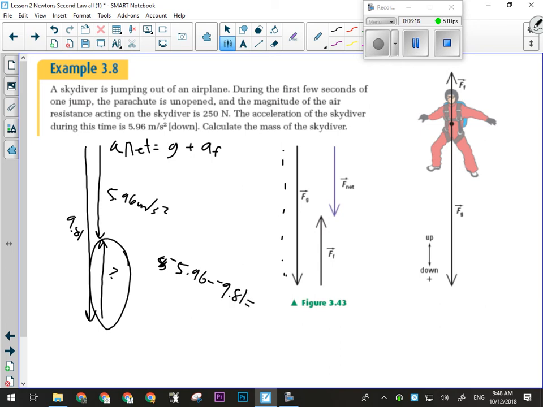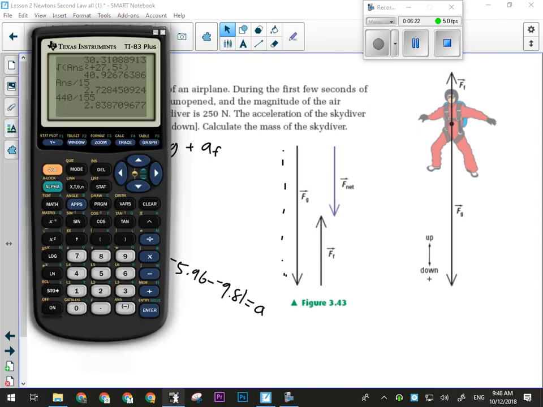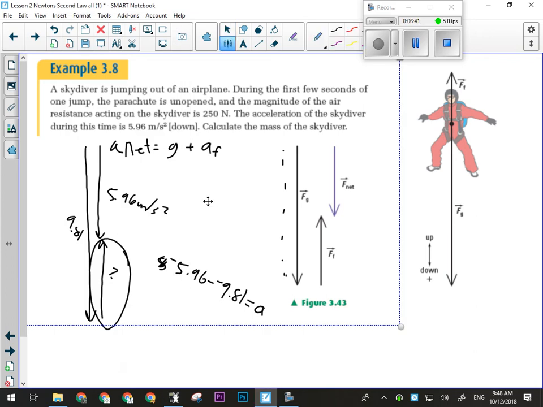That's gravity, and that will equal the acceleration due to air resistance. So when we do that, we'll have negative 5.96, not 59.6, minus negative 9.81. Okay, so 3.85 meters per second up is what the air resistance is causing as an acceleration.